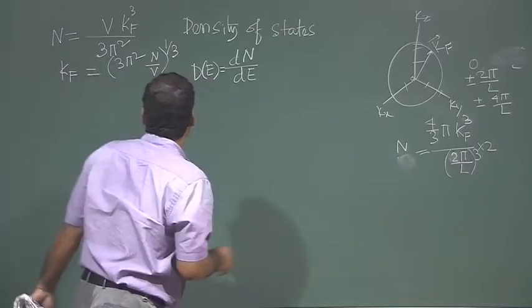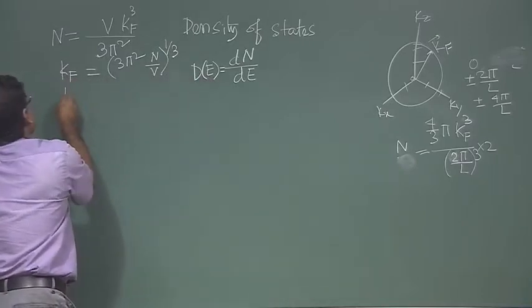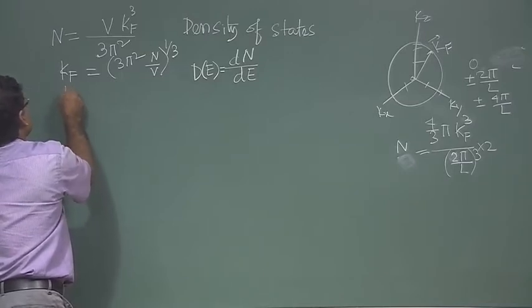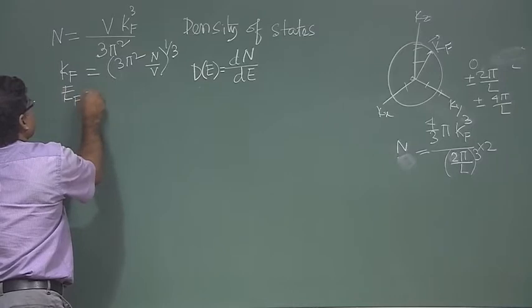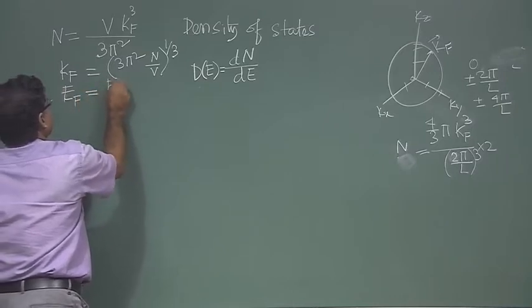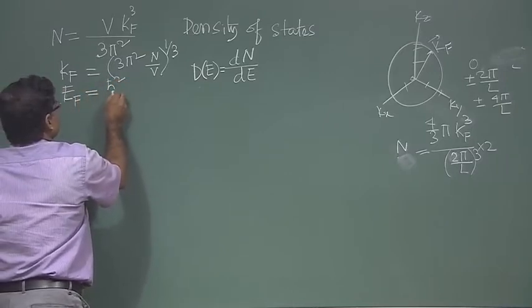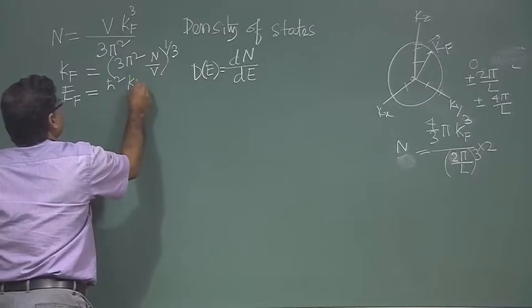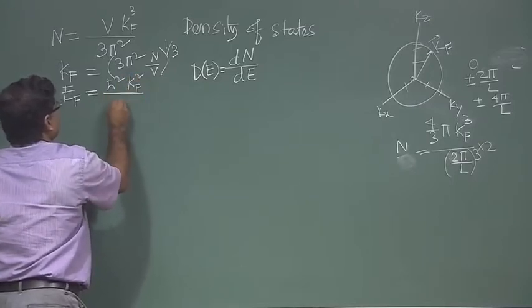And then corresponding energy, Fermi energy one can find out, EF equal to h cross square kf square divided by 2m.